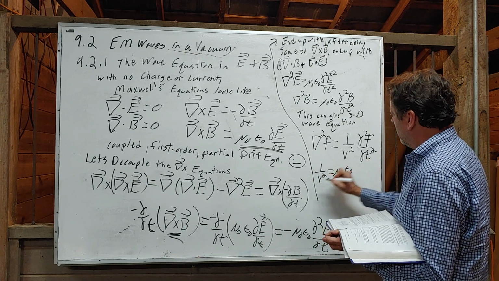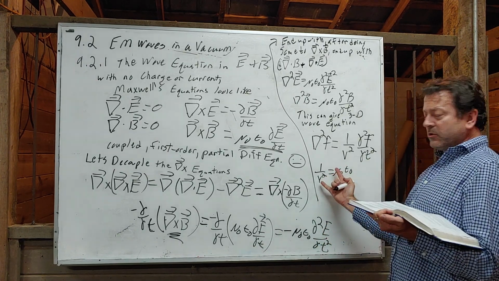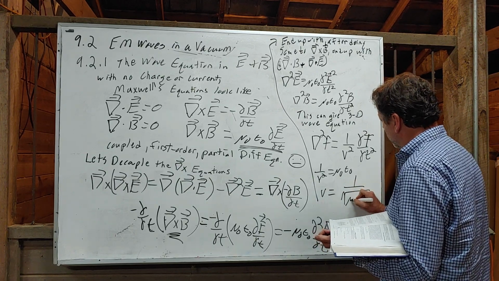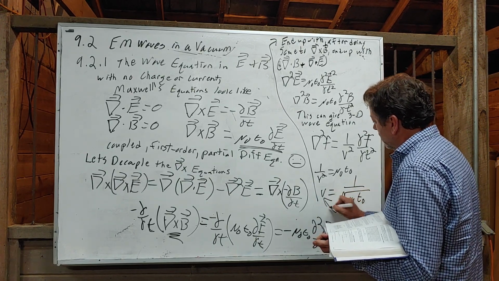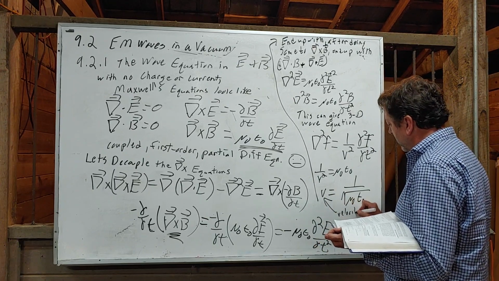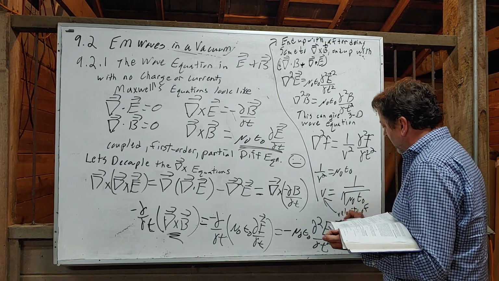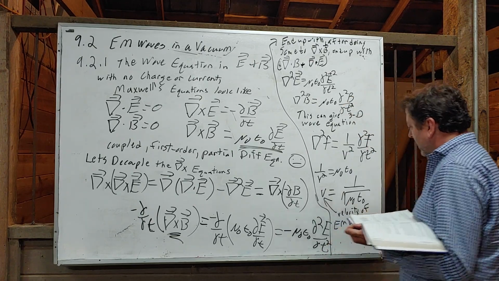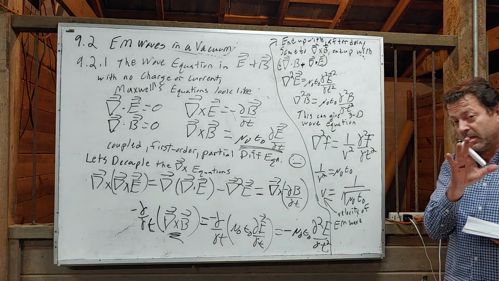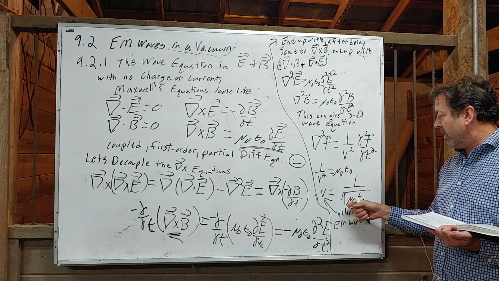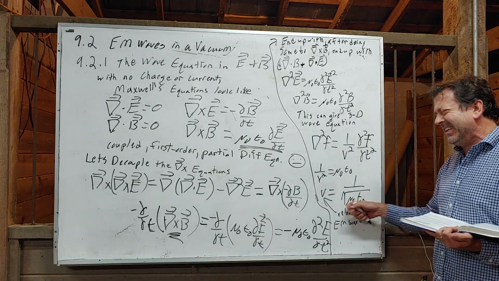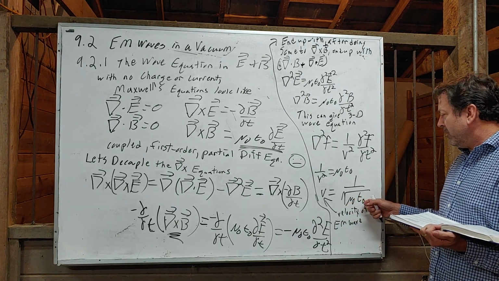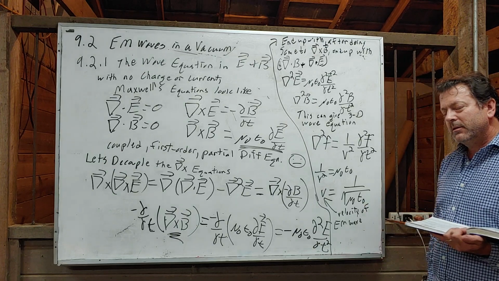Well, if I switch them and take the square root to get rid of the V, the velocity of an electromagnetic wave in a vacuum is a function of two proportionality constants: the permittivity of free space and the permeability of free space.